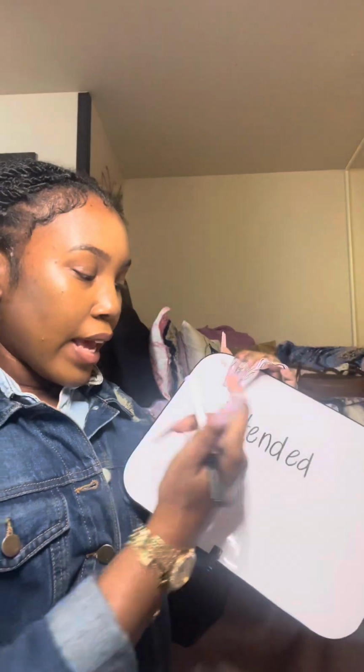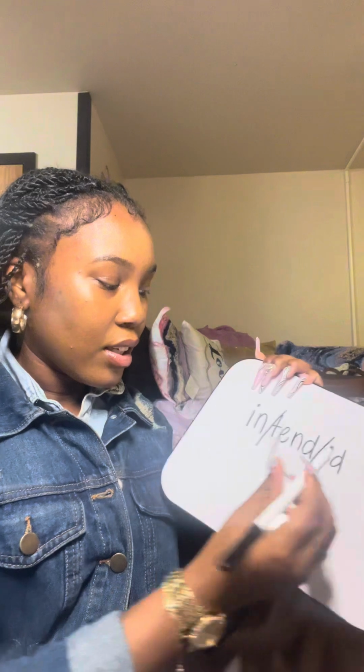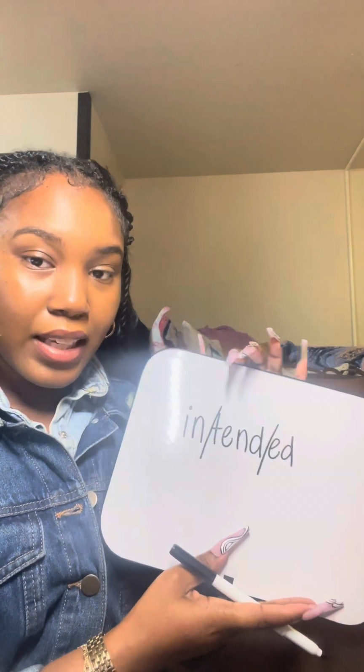So when we hear the word intended, let's think about how many syllables this word has. Intended, 3 syllables. So when we did that, we did in. So guess what? I can put a dash here. We did in, tend, ed. 3 syllable word, intended.